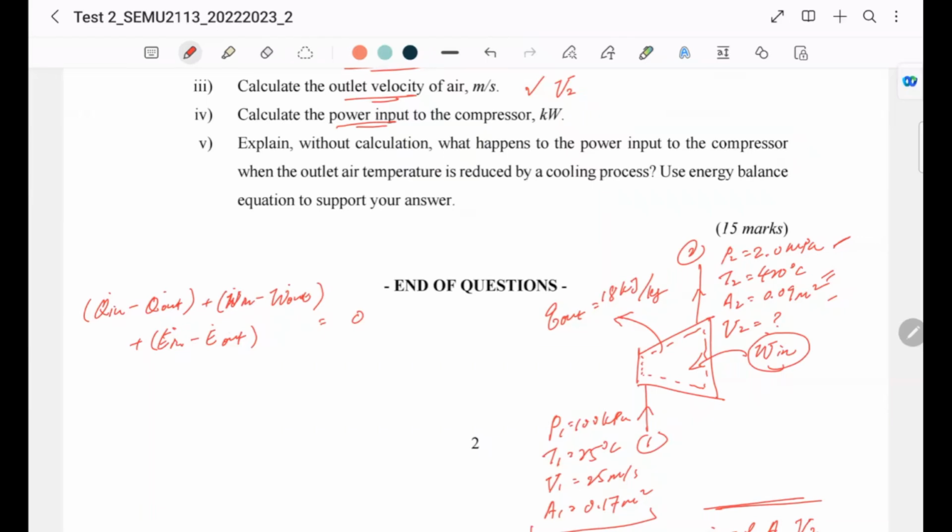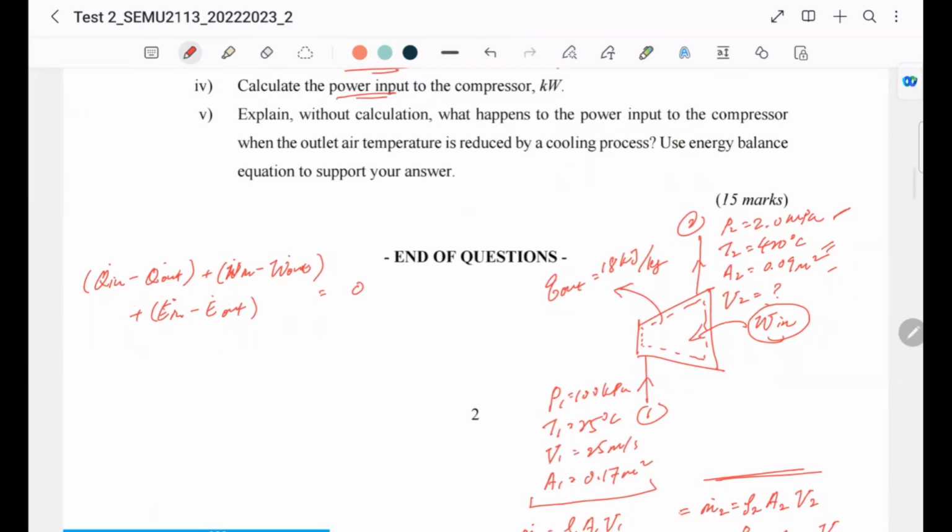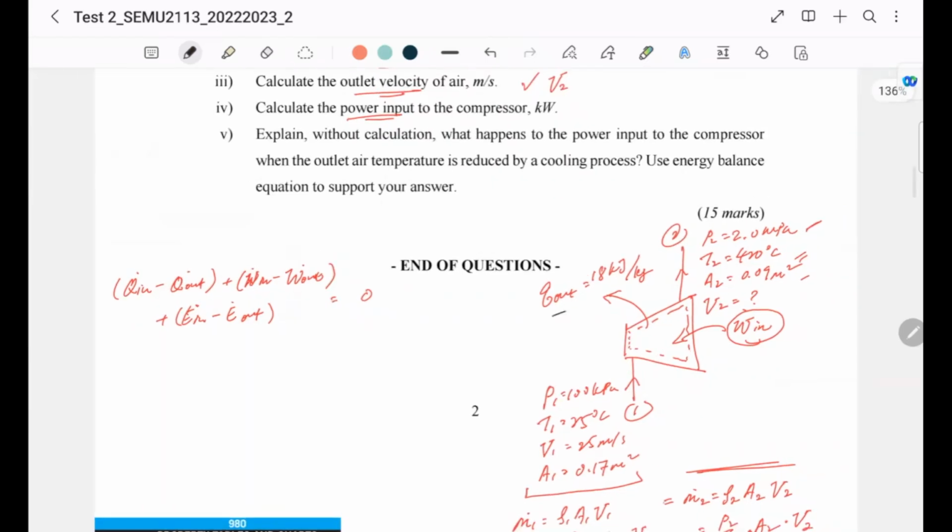So equal to 0. And then from here, let's cross out what isn't applicable. There's a Q out, there's no Q in. There is a work in, there's no work out.